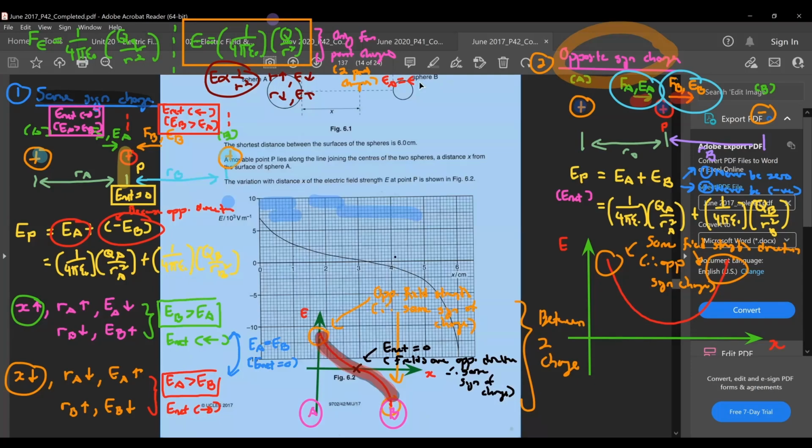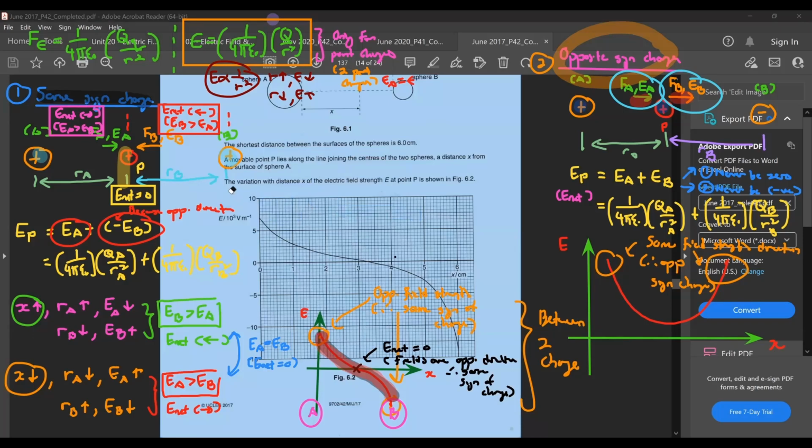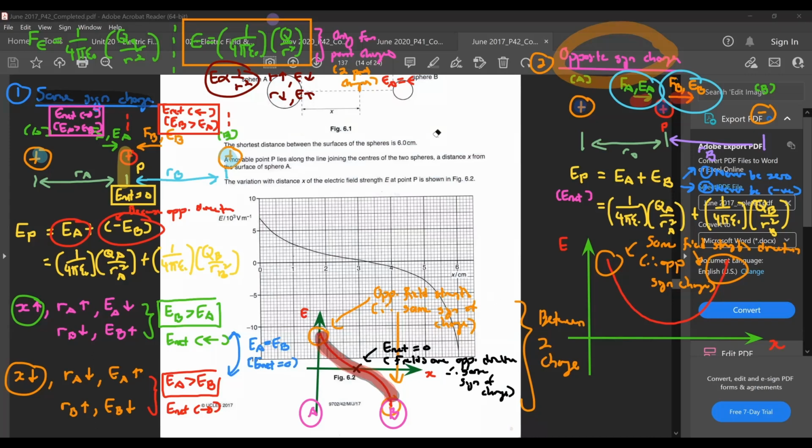So if you look at your diagram from before, they're asking you to look at x equals 5 centimeter, which is this one. They're telling you right now at this point, you have a proton. Say for example, your sphere B is here and your sphere A is right over here. At this distance of 5 centimeter, your resulting electric field strength is actually some sort of negative value.